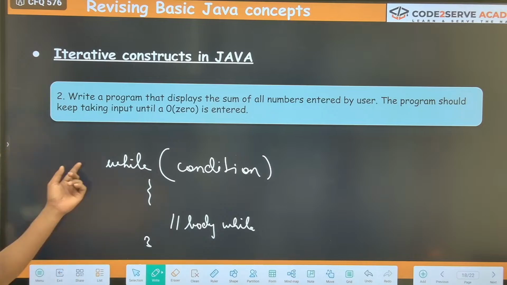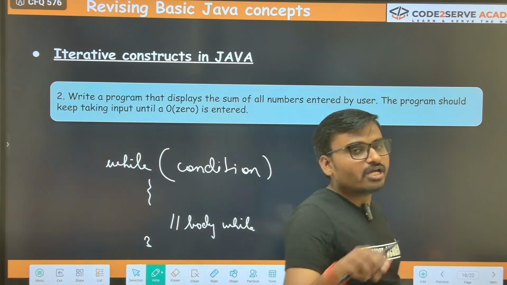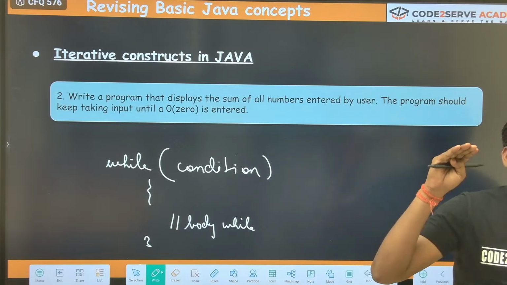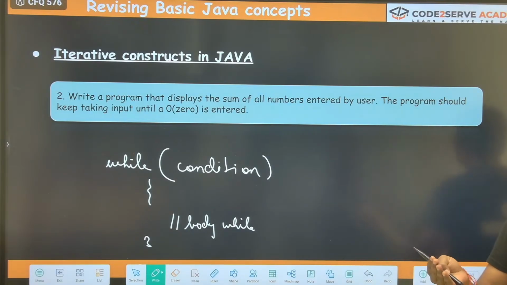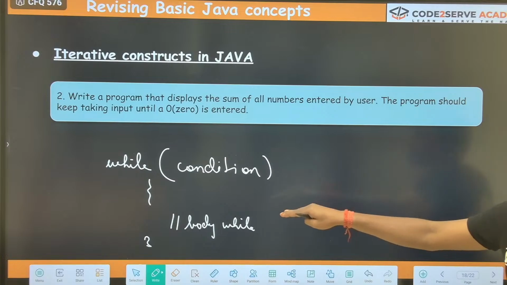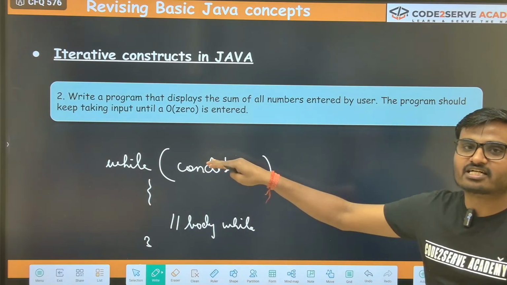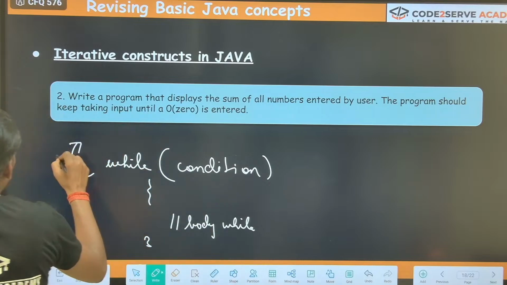So here, if you see in the for loop, what is happening in the for loop itself, we were writing the three parts. First was the initialization, second was the condition check, and the third was increment and decrement. Here, inside the while, we only write the condition part, and above this we write the initializing part.